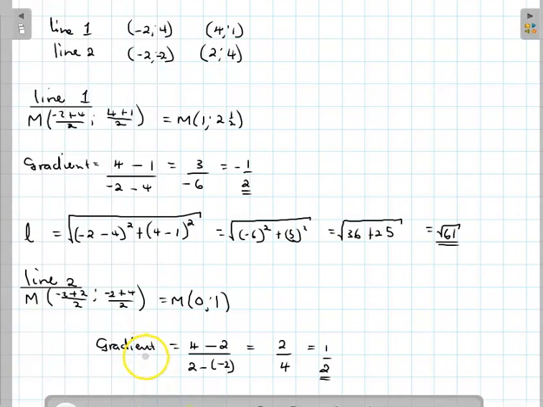And then the gradient, I'm separating the y's. So the y must also be 4 minus 2. Sorry about that.